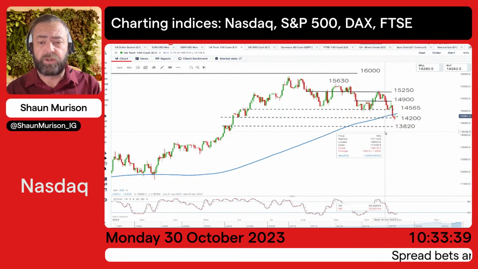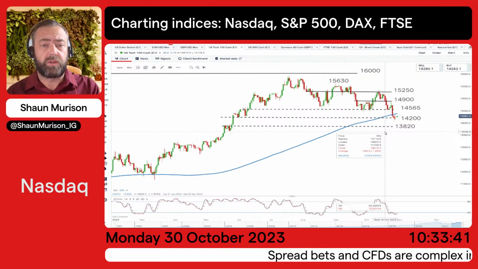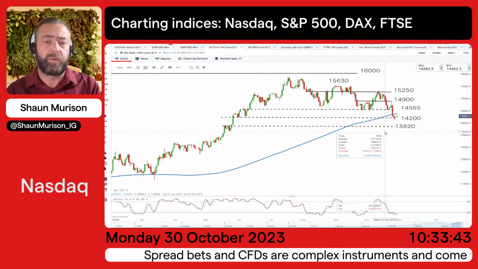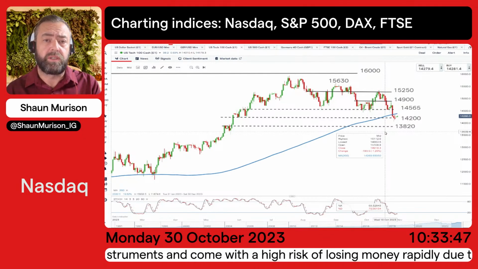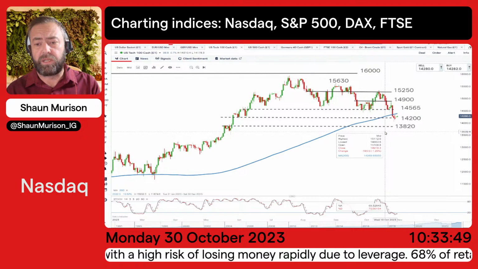Moving over to some indices now, and starting with the NASDAQ 100. The NASDAQ 100 has broken the 200-day simple moving average. That doesn't suggest that the longer-term trend is yet down, but it does say that the longer-term uptrend may be broken. So could we move into a bit of a broad consolidation type environment, an environment where we no longer just sit with a long bias to trades, but we look at long and short relative to where we are between our levels.